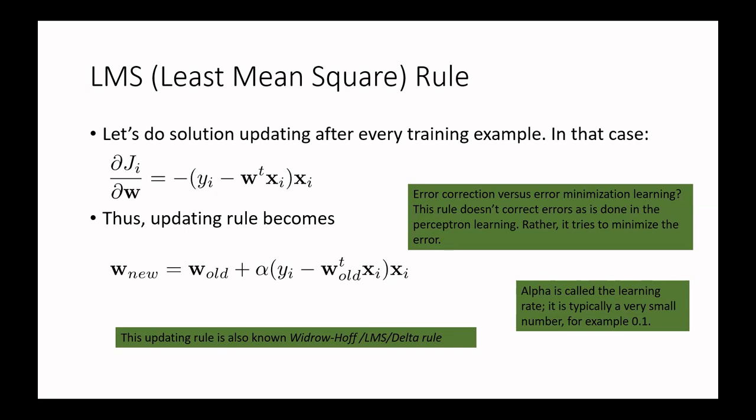So you can write the formula for updating. The new value of the weight vector, W new, is going to be the current or old value, W old, plus alpha. Alpha is our learning rate, multiplied with whatever gradient value we got. Since we are trying to minimize, we will be subtracting the gradient.